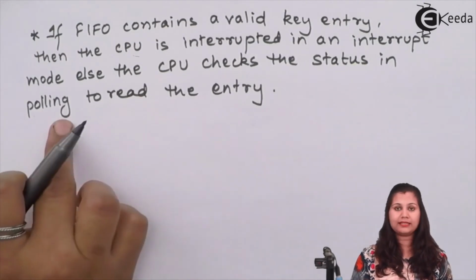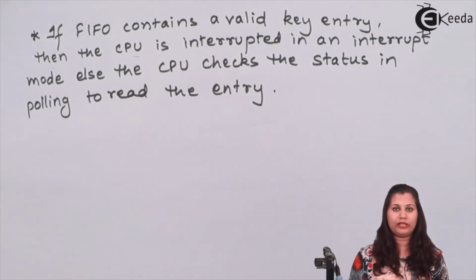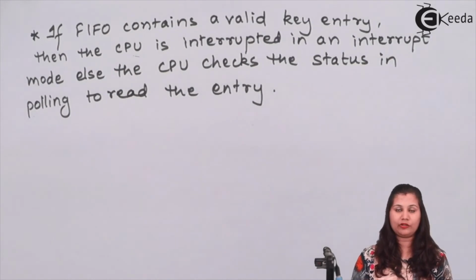So here I am saying that if the FIFO contains a valid key entry, then two things can happen. In the interrupt mode, the CPU will be interrupted, or in the polling mode, the CPU is going to check the status of the flag.